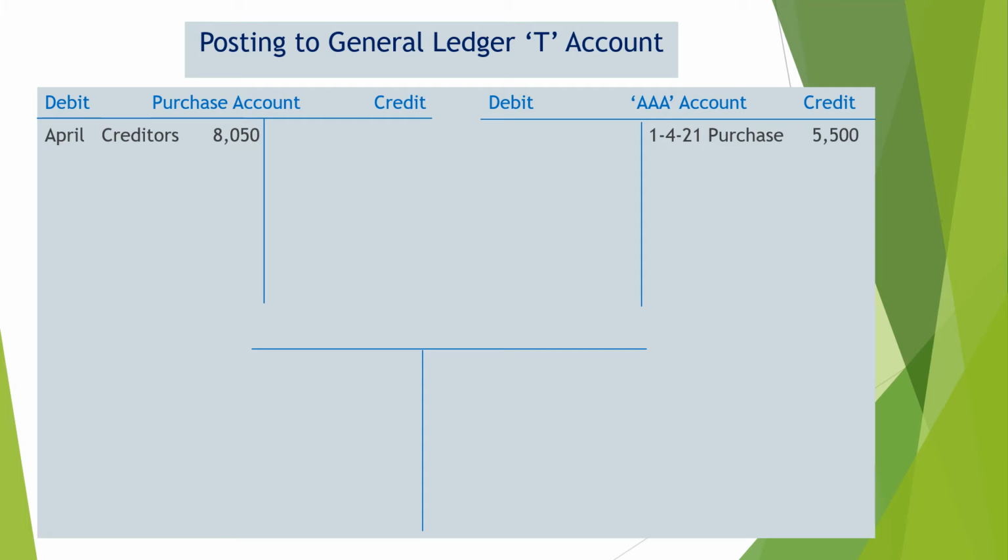In the purchase account, we will put the total of the purchase daybook for the month of April, which was $8,050, and there were two creditors only, AAA with 5,500 and Triple Z, which was 2,550. The total of the credit side is the same as that of the debit side. You can see 8,050 we debited in the purchase account, and the credit of both 5,500 and 2,550 is equal to 8,050.